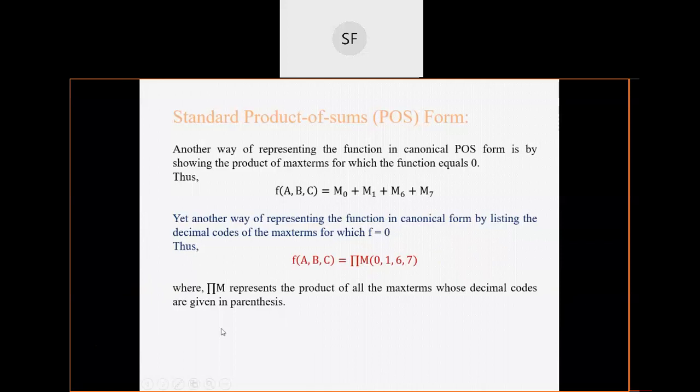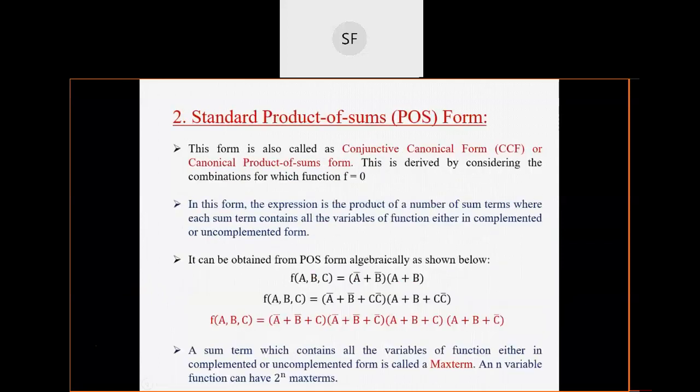So I will just go back to the slides. These are the max terms. We have taken them from this Boolean expression. You can just find out. So A bar is nothing but 0, 0, 1. Then again we are finding the binary equivalent.